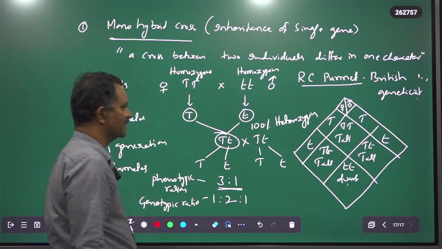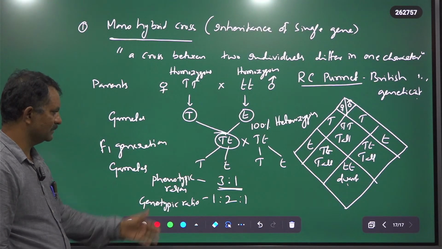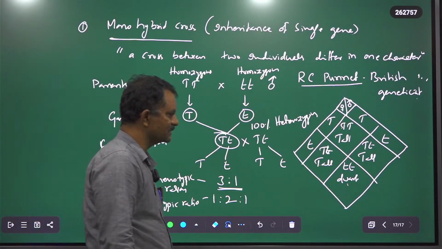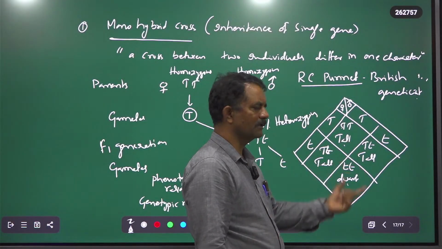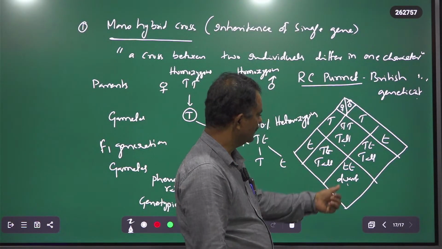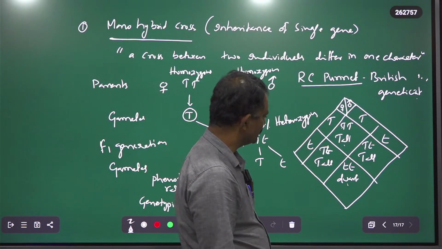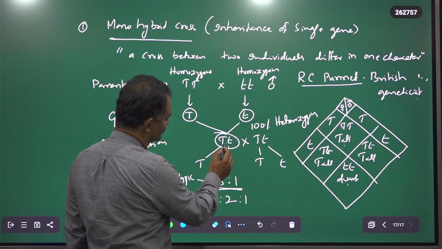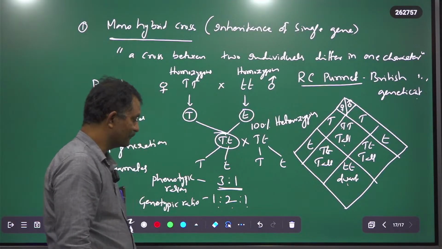In F2 there is a 3:1 phenotypic ratio, in which 3 tall plants are there: 1 is pure tall, the remaining 2 are hybrid tall, and 1 is dwarf. The dwarf character is absent in F1 but appeared in F2.